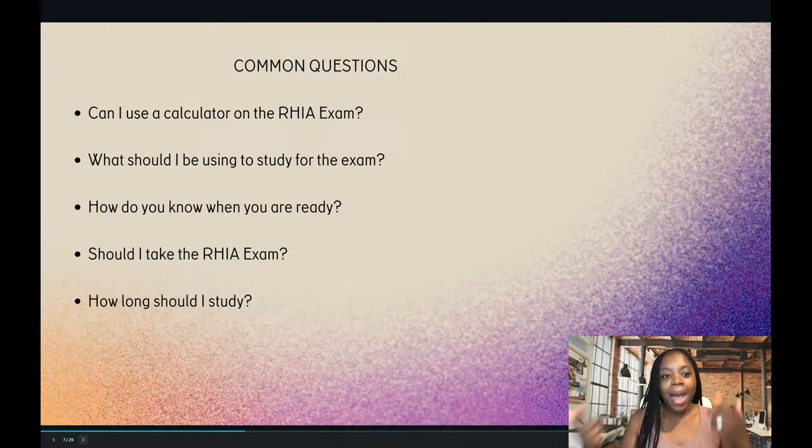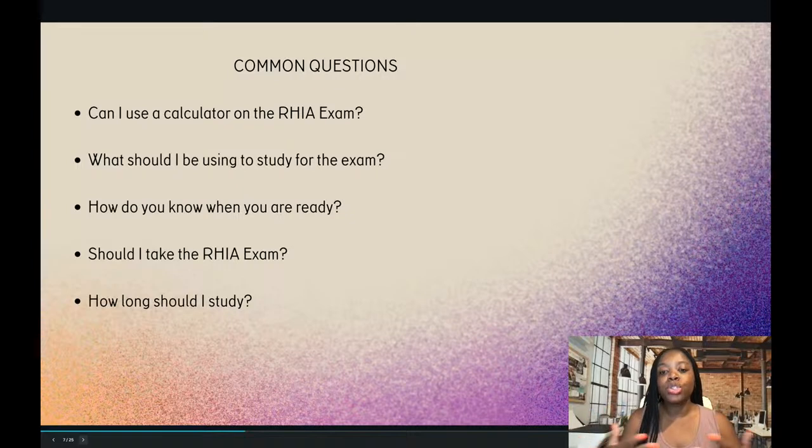So in my head, when someone is trying to take the RHIA or trying to take the RHIT, that is someone that has discovered that the job role that they're trying to do, or their future plans, is going to require or will fit in with the certification.